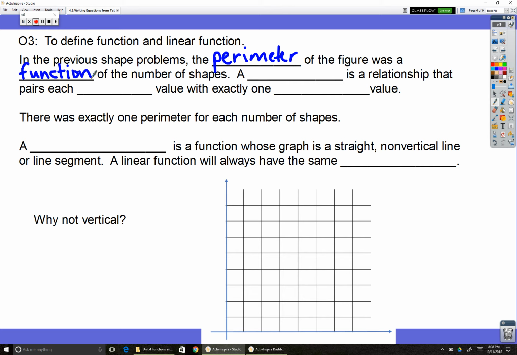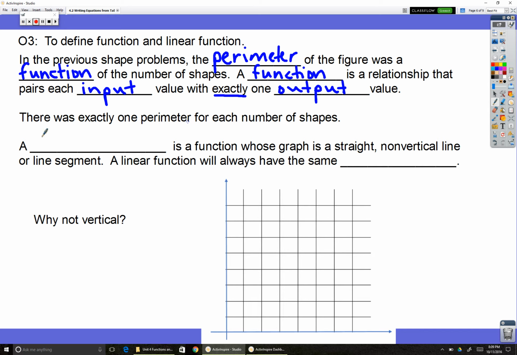A function is a relationship that pairs each input value with exactly, and underline that because that's an important word, exactly one output value. So there was exactly one perimeter for each number of shapes. We didn't say, well, there's 2 triangles, so the perimeter is either this or this. The perimeter is only one thing if we had 2 triangles.